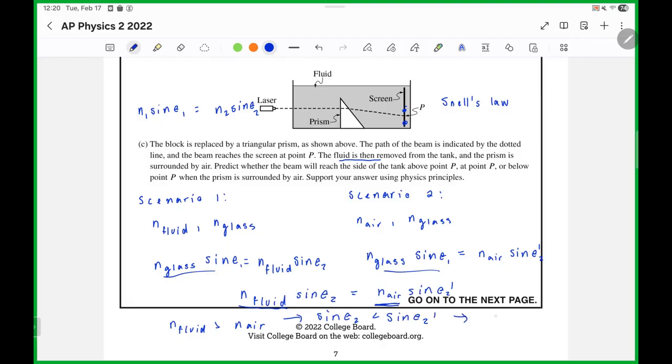And so theta 2 prime is greater than our initial angle. In other words, we're going to be more refracted and we'll end up at a point lower than our initial point P. And with that, we've finished problem 1. All of the predictions from our initial diagram indeed showed up as questions.